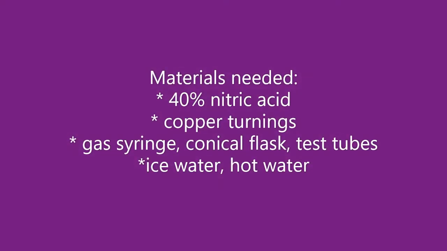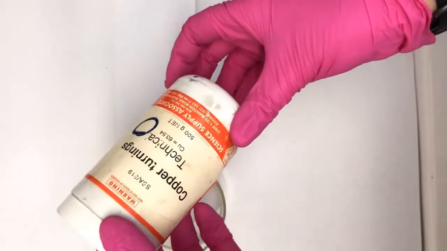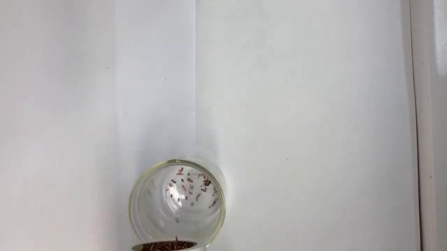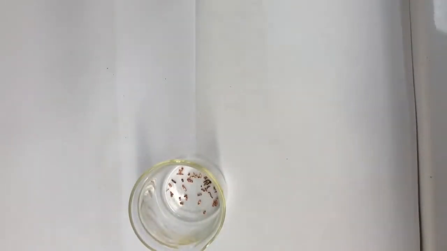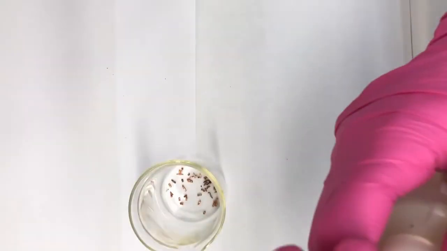So for this first part, I'm just going to need nitric acid and copper turnings and also a beaker. I take my beaker, add some copper turnings, and then pour in some 40% nitric acid.